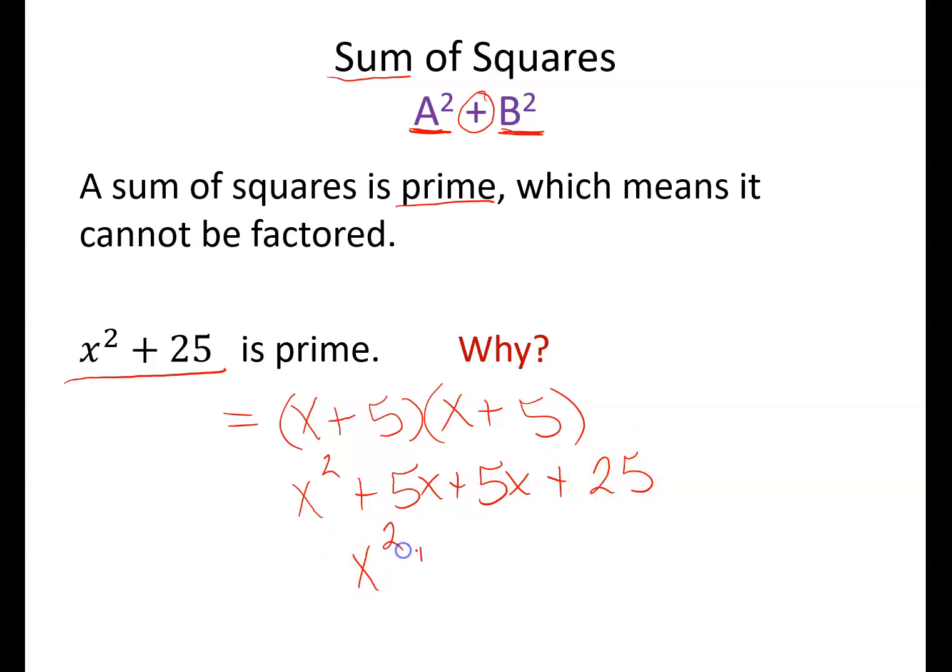And we combine like terms, that would become a 10x, which is not equal to x squared plus 25. And we could try some different things, but no matter what we try to multiply together, we are never going to get x squared plus 25. So that is why it is prime. So just try to remember, if it's a sum, if it's addition between your perfect squares, you cannot factor it.